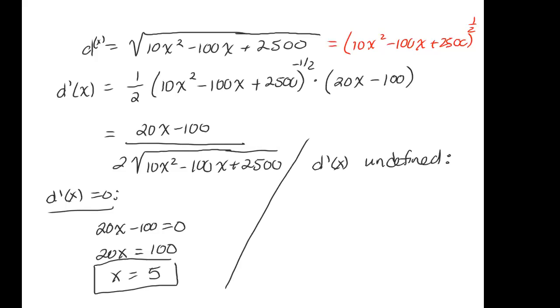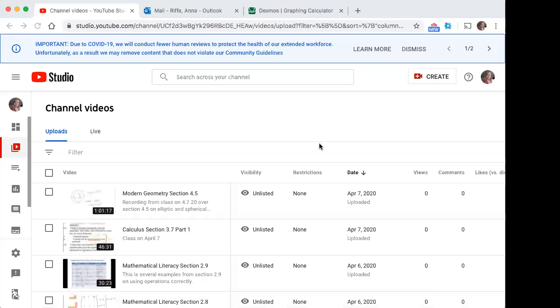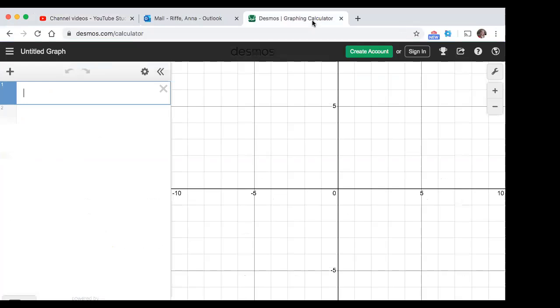Let's go to desmos.com. I'm going to share my screen with you. I need to go to Desmos, which is right here.